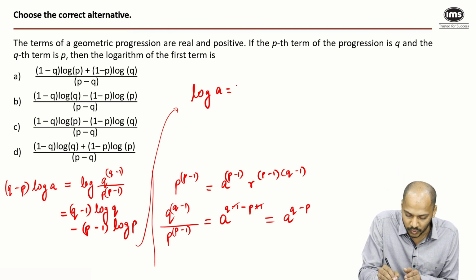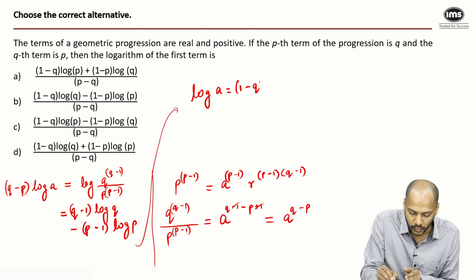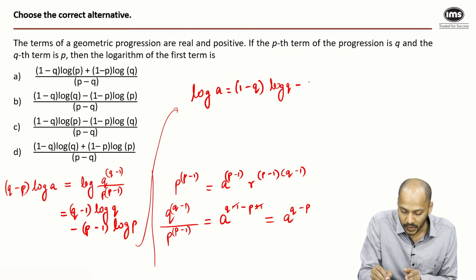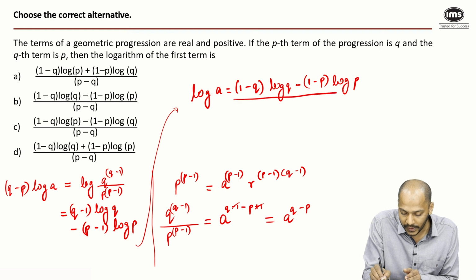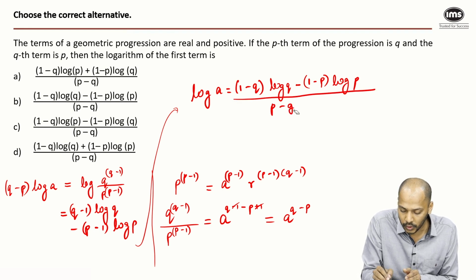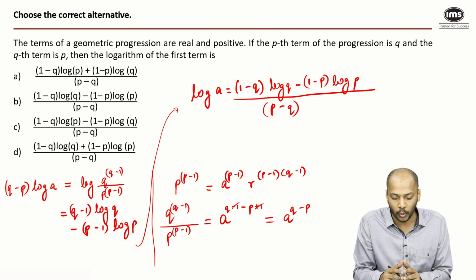So I can directly say this would become 1 minus q log of q minus 1 minus p log of p, the whole divided by, instead of q minus p, it will become p minus q.